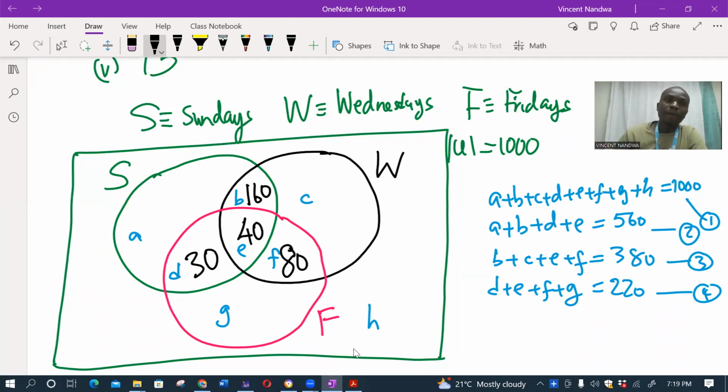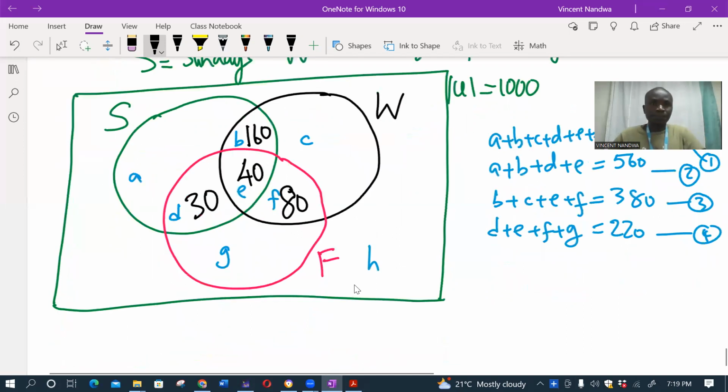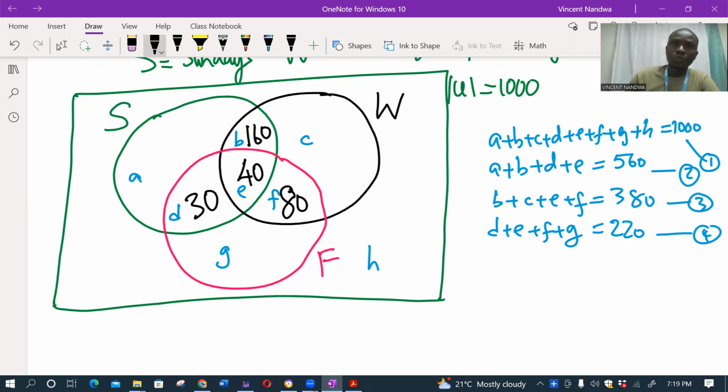We are almost done, because from equation 2, A plus B, which is 160, plus D, which is 30, plus E, which is 40, should give us 560. So if we take 160 plus 30 plus 40, we get 230. If we subtract 230 from 560, we get part A to be 330.